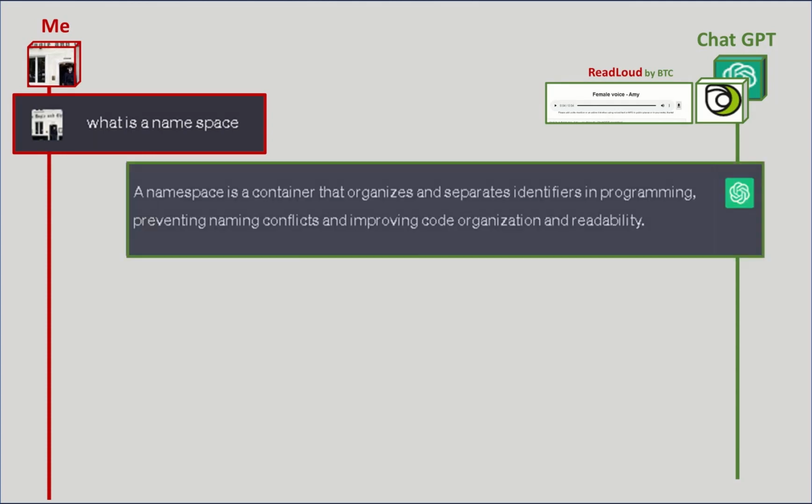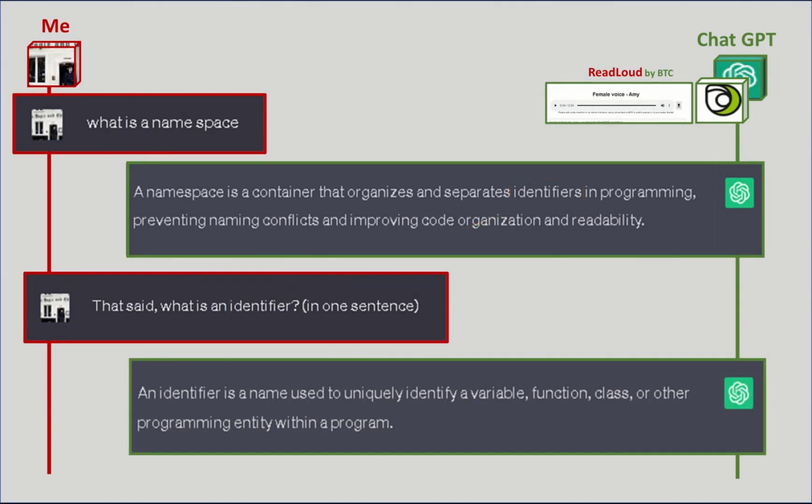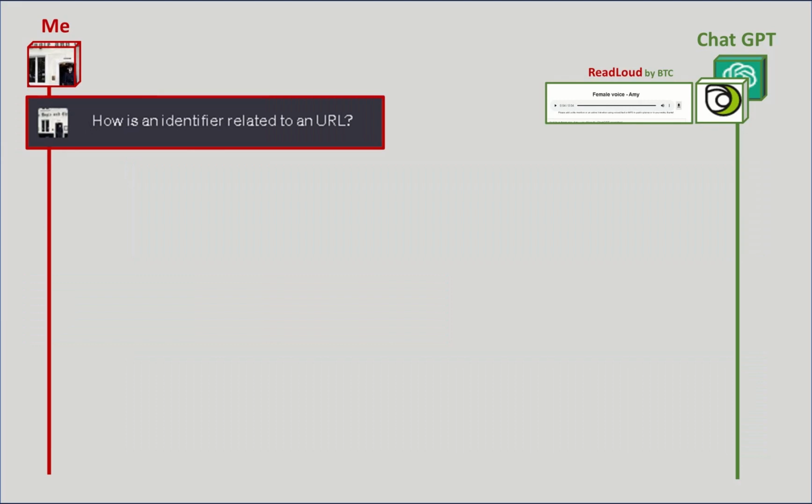A namespace is a container that organizes and separates identifiers in programming, preventing naming conflicts and improving code organization and readability. Great. That said, so what is an identifier? An identifier is a name used to uniquely identify a variable, function, class, or other programming entity within a program. Got it. By the way, how is an identifier related to an URL?